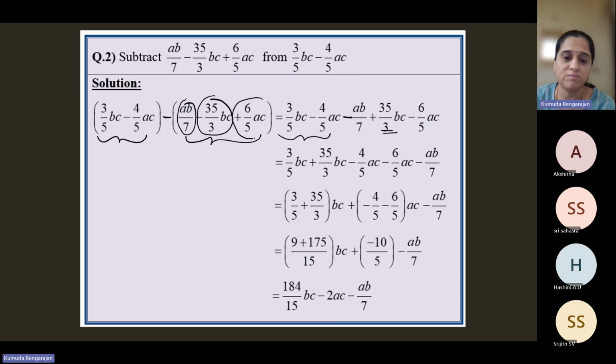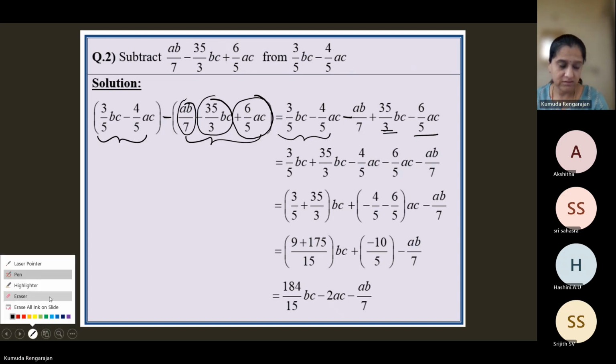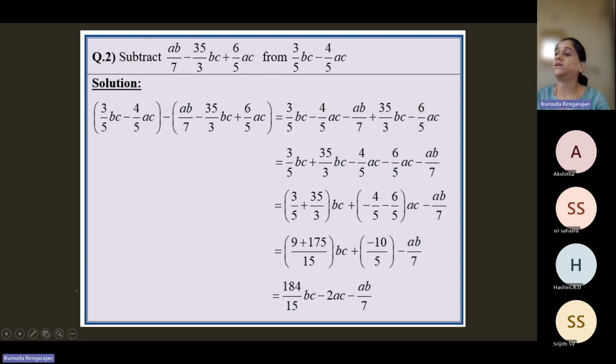This is plus 6 by 5 AC, it will become minus 6 by 5 AC. Because before the bracket there's a minus sign, the terms in the bracket will come out with their opposite signs. And then, as usual, group the like terms and simplify. Do it.